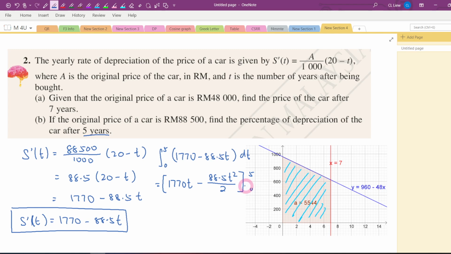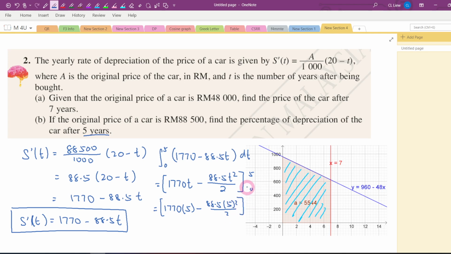So make sure you understand the process of integration. If you see a constant, we add a variable for it. If you see this T, the power will add 1, and whatever you write for the power, you write for the denominator as well. Okay, so just bring in the upper limit first. 1770 times 5 minus 88.5 times 5 squared over 2.